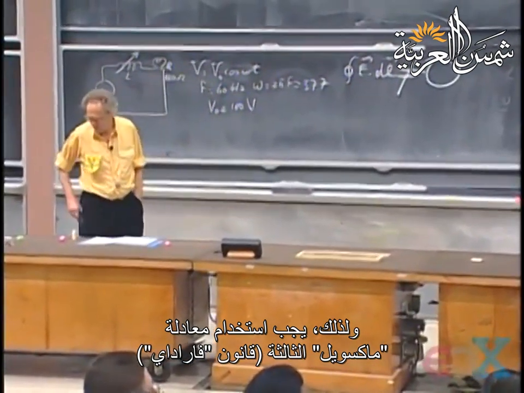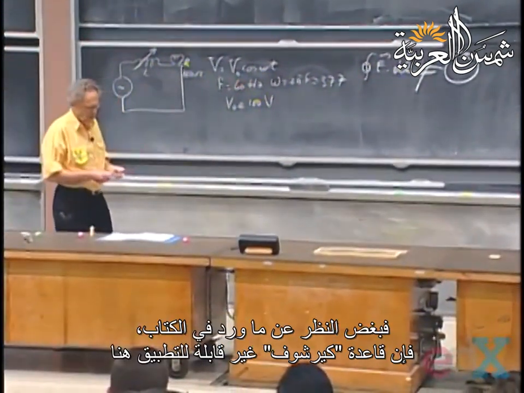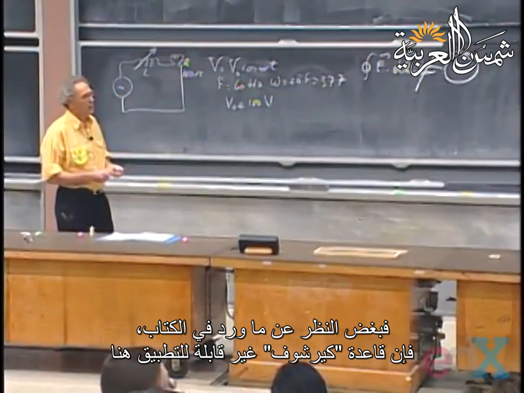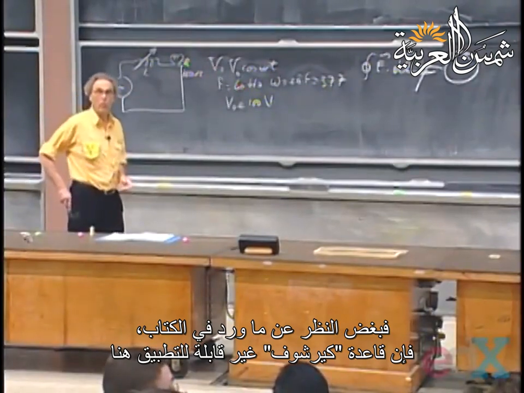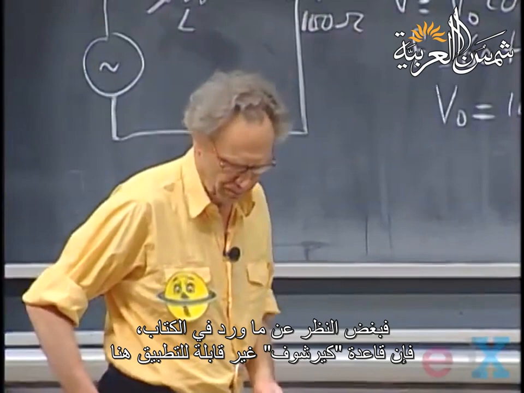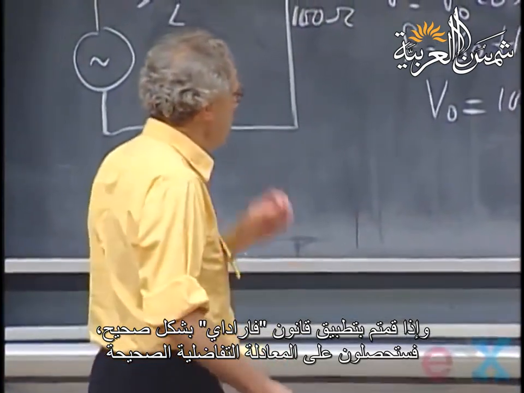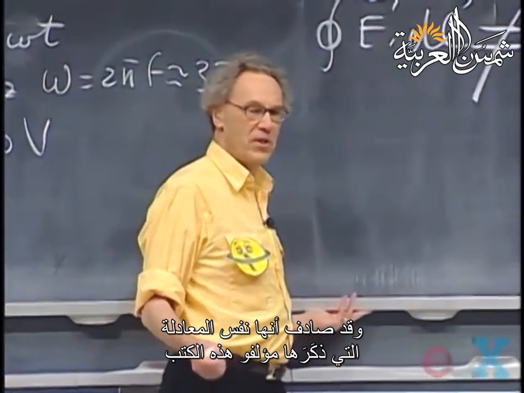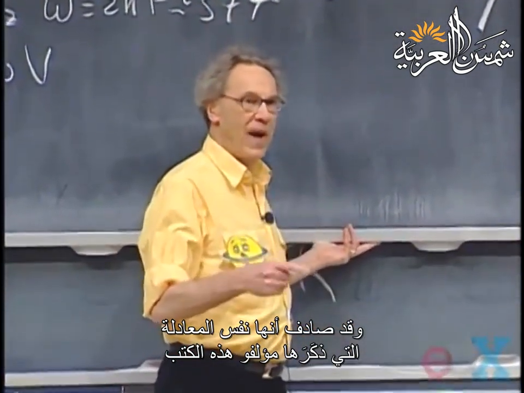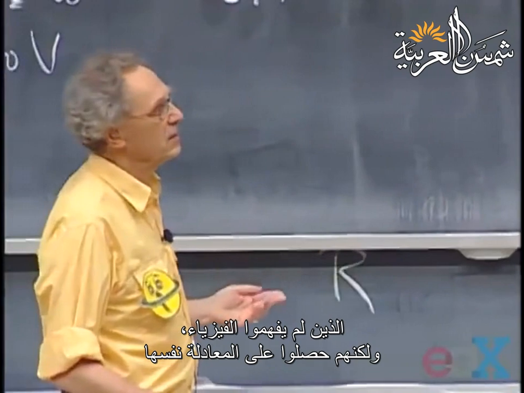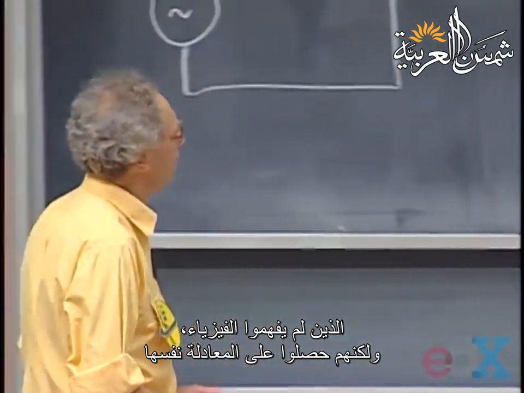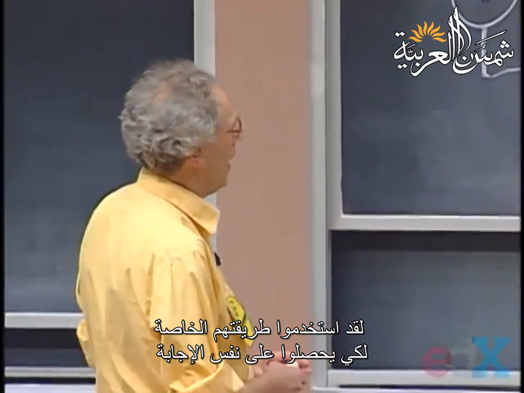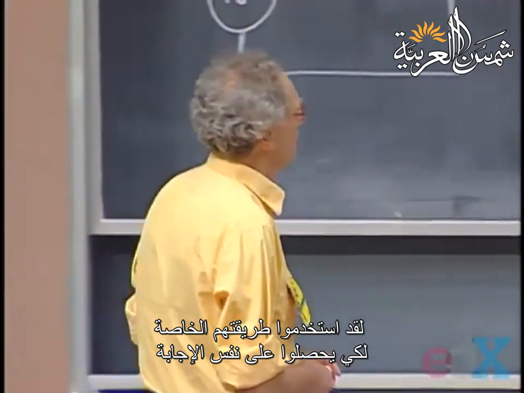You must deal with Faraday's law, no matter what your textbooks tell you. Kirchhoff's loop rule does not hold. And if you do that correctly, you end up with the right differential equation, which happens to be the same one that those people find who do not understand the physics, but they get the same equation. They massage things in such a way that they get the same answer.